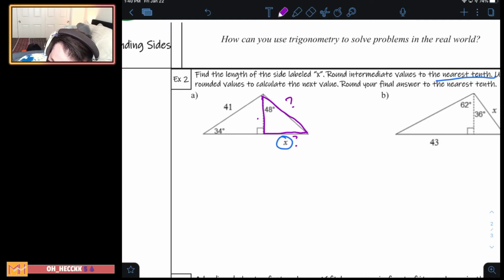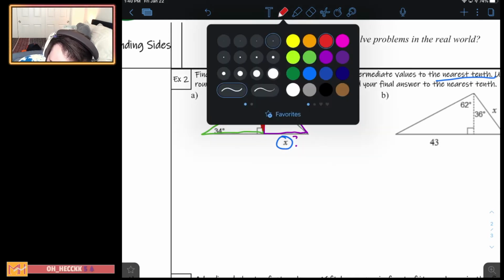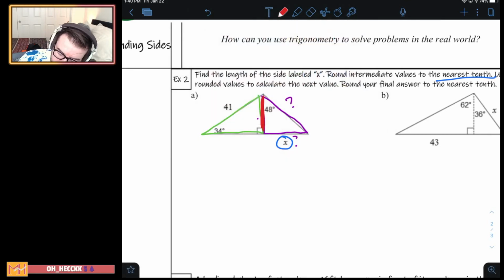However, if I say, wait a minute, there's another triangle right next to it, maybe I can figure out this side first and then use that side to solve for X. So that is our intermediate value. Okay, so how do we solve for that red side? Well, that is the opposite side of 34 degrees, and this is the hypotenuse.